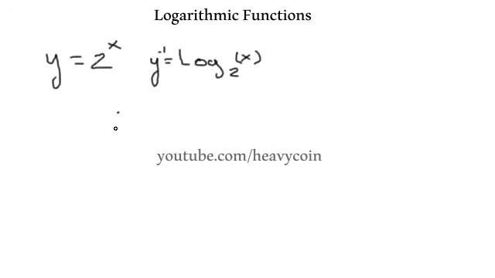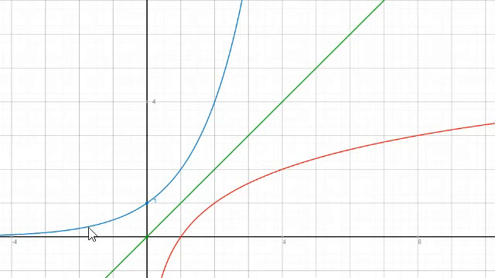But now basically what I want to do here is just graph these guys out and take a look at their graphs. So let's do that. Alright, this blue line right here is the graph of 2 raised to the x, the exponential function, and then this graph here is the graph of log with a base 2 of x.